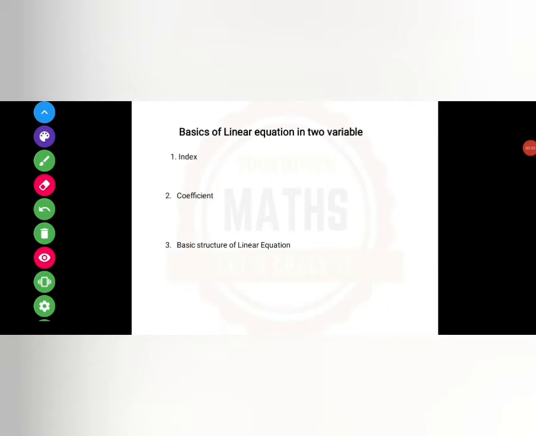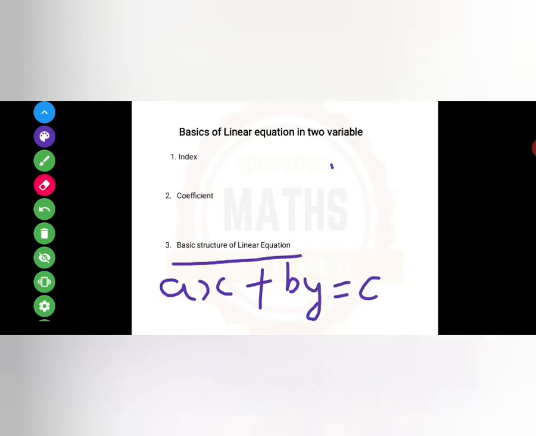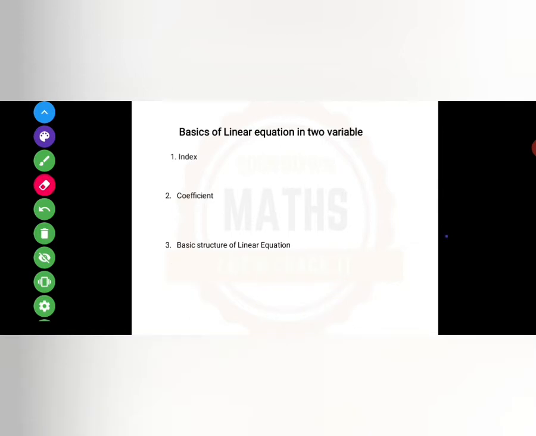Now we proceed further to understand the basic structure of linear equation. Linear equation is represented as ax plus by equal to c. Now understanding more, we move to another page.